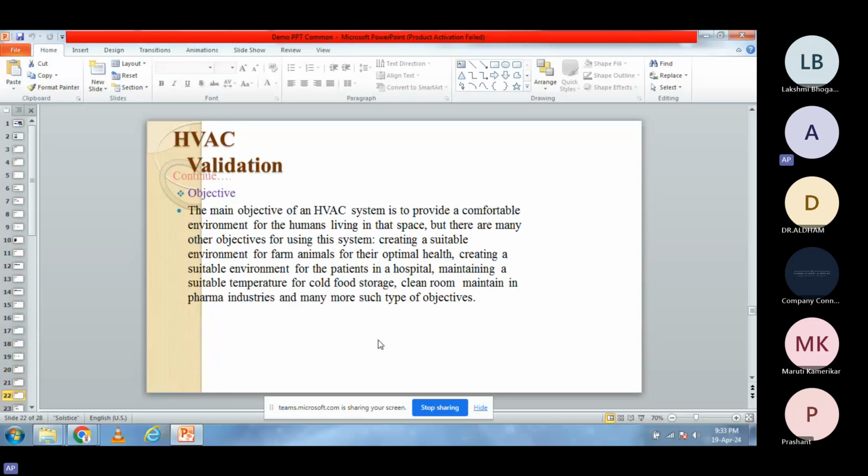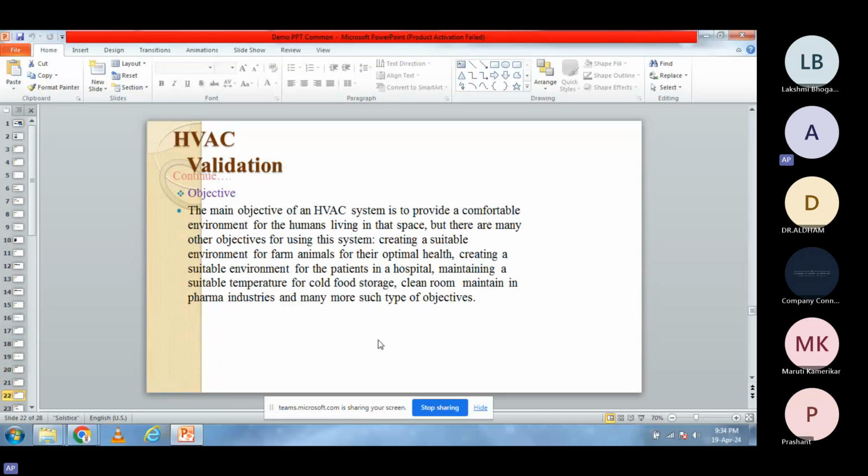But there are many other objectives for using the system, like creating a suitable environment for farm animals for their optimum health, creating a suitable environment for patients in the hospital, maintaining a suitable temperature for cold food storage, clean rooms maintained in the pharmaceutical industry, and many more such objectives. It means the application of an HVAC system is to provide a comfortable working area and maintain clean air.